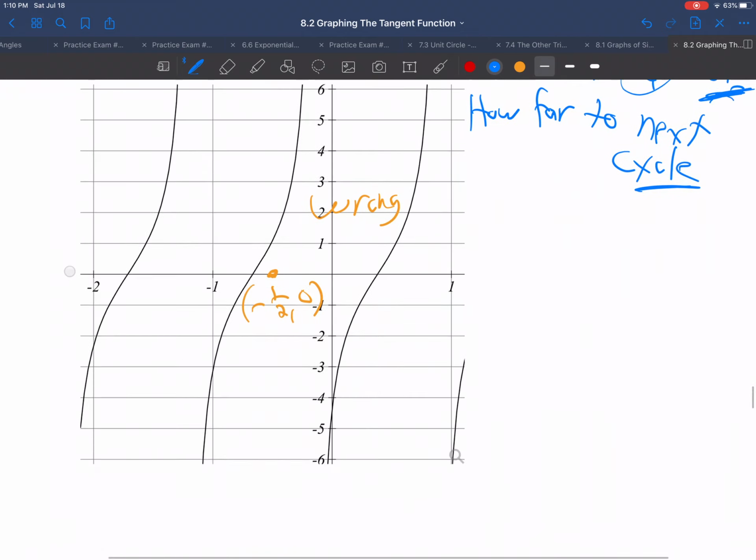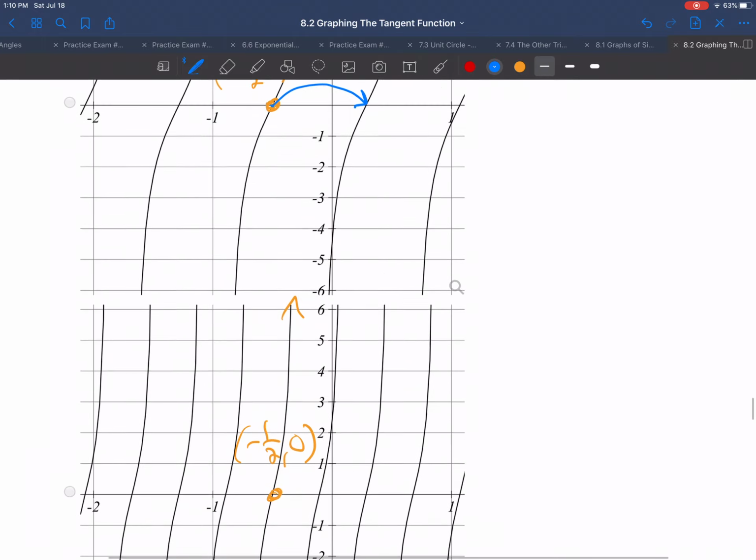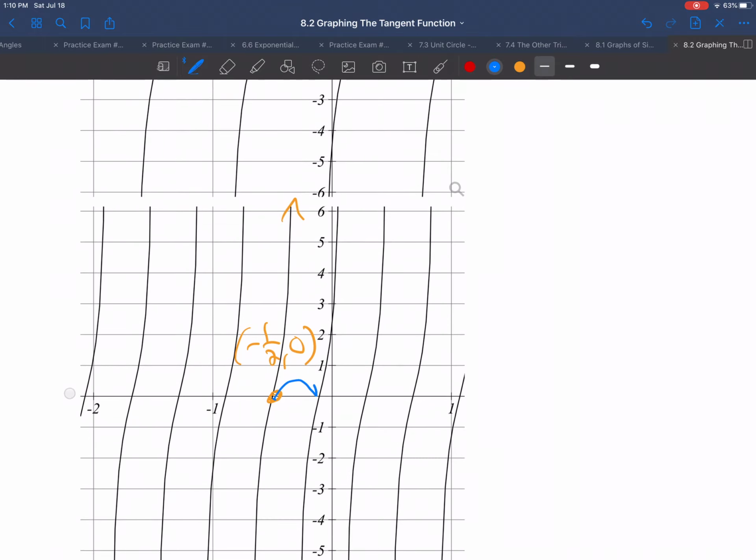So let's go look at the 2 that are still candidates. From here to there, does that look like it's about 0.75? And from here to there, does that look like it's about 0.75? No way on this one, right? Because this is negative a half, and this is 0. Here's 1 here. This thing hasn't even made it to 0. If it made it all the way to 0, that would be a half, right?